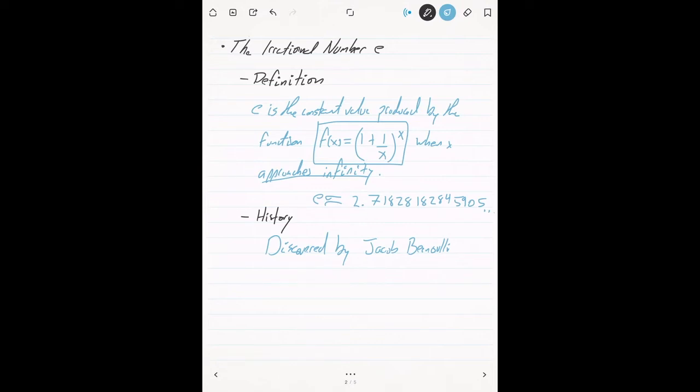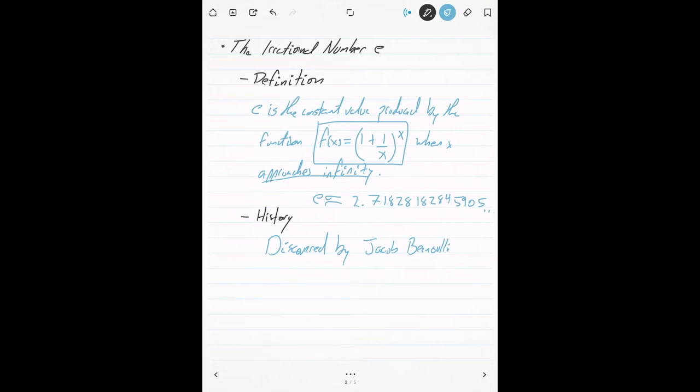The Bernoulli family were a very Renaissance family of mathematicians, physicists, engineers, artists. And he was one of the Bernoulli brothers, I believe. And he actually discovered this. He's a Swiss mathematician, physicist, and polymath, really, that discovered this in a very unique way.